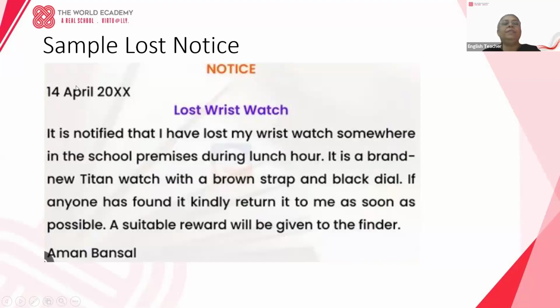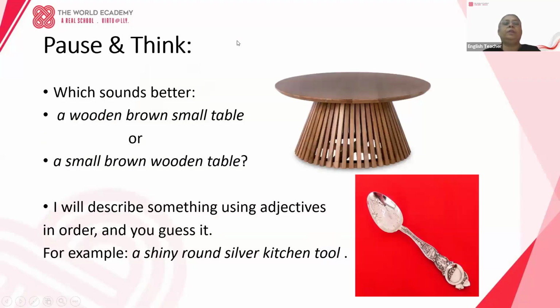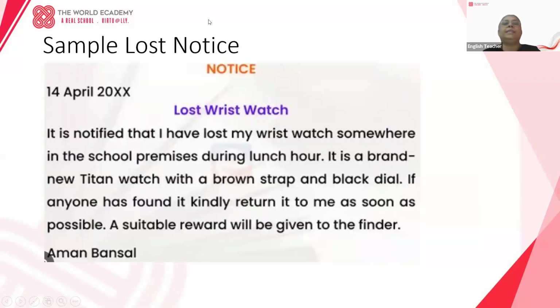So we begin with this. We have to write this. Okay, so this is a very important way of writing it. So let me highlight it for you. We have to write notice, write down the date, whichever year it is, lost wristwatch.